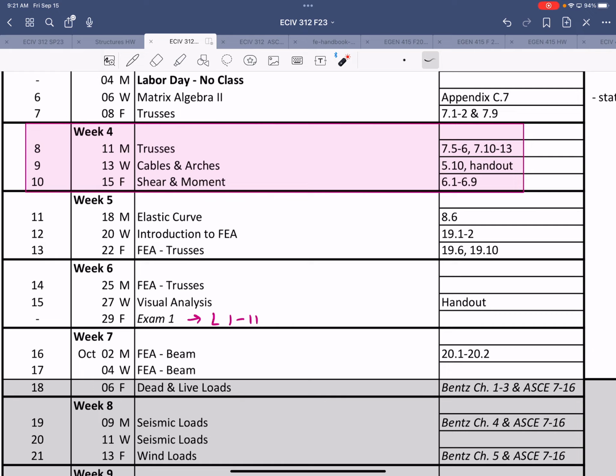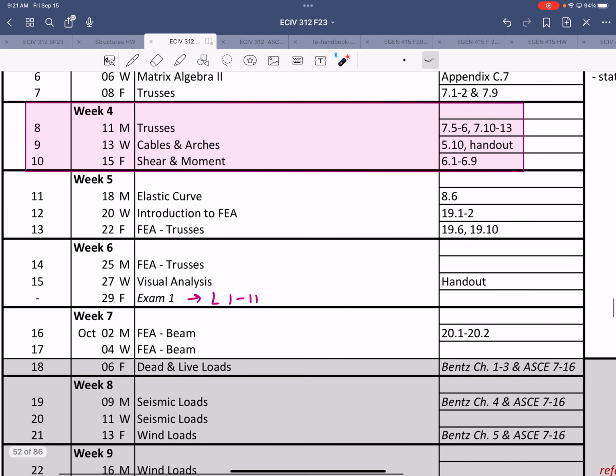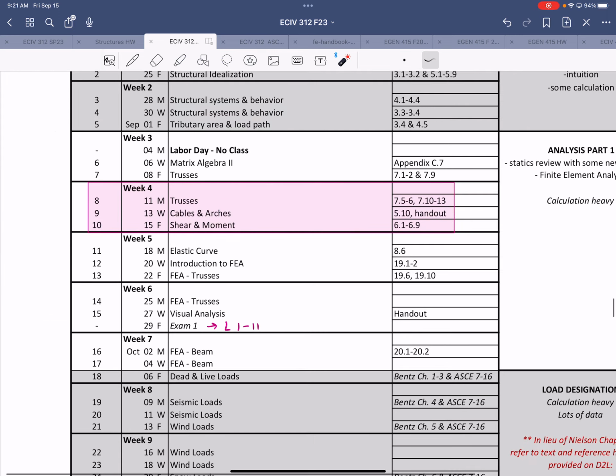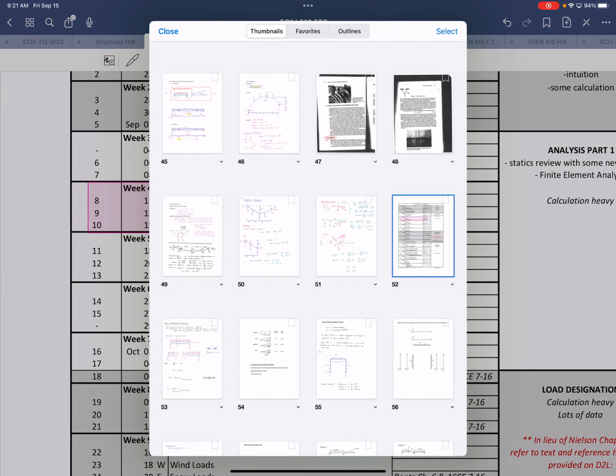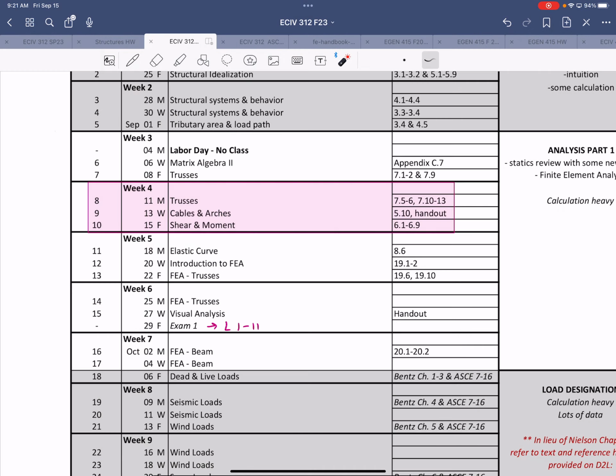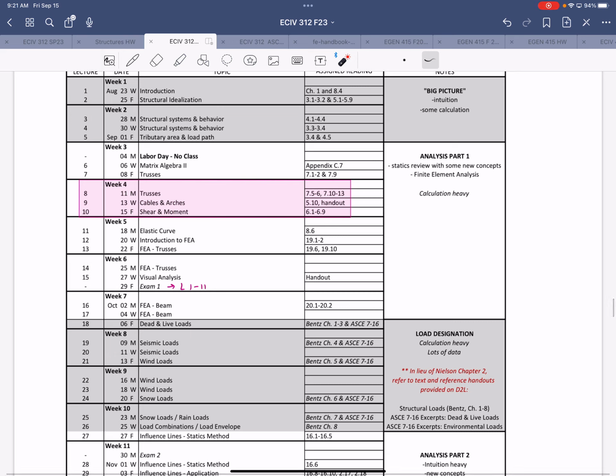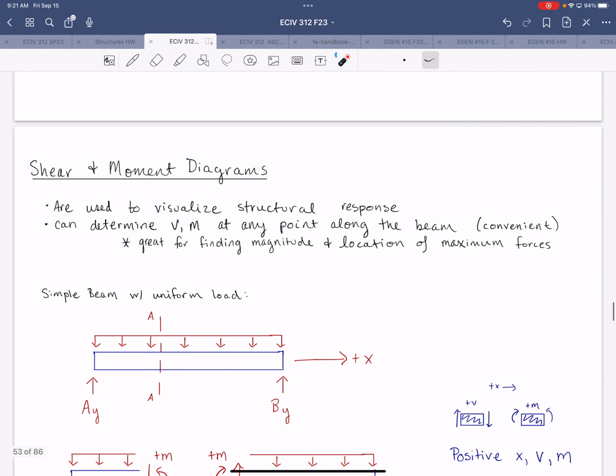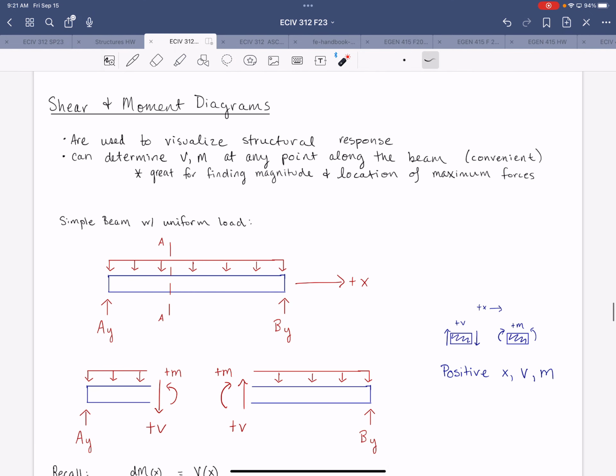And then after that, we're going to continue with finite element analysis, and then we'll be going into load specification stuff. So yeah, this class is moving quickly. All right, any questions on the logistics? All right, good deal. On to shear and moment diagrams.